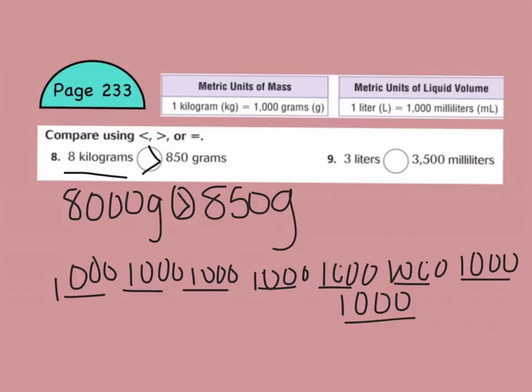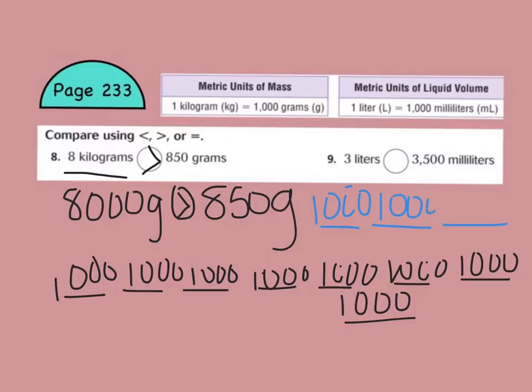And we're moving right along to number 9. Number 9 says 3 liters, so we're now on metric units of liquid volume, is equal to 3,500 milliliters. Well, I know that 3 liters, 1, 2, 3, and each of those liters has 1,000 milliliters in it.